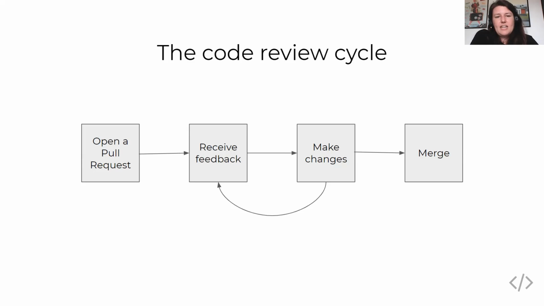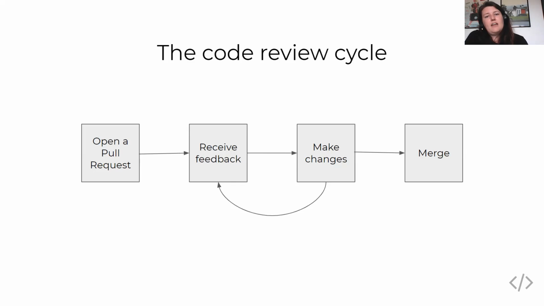And then the next step is to receive feedback. That's feedback from your teammates. Again, you all experienced this last week, getting feedback from your teammates in terms of things that could be improved, questions about why you've added certain things over another, and that kind of thing. When you get those changes to be made or those outside perspectives, you can go back and make changes to that first pull request that you've opened.